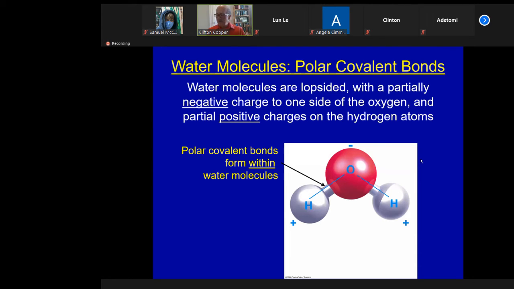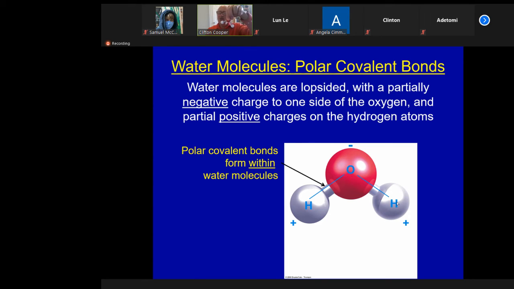So when you're looking at a water molecule, it has two polar covalent bonds within it, like in the diagram. We have oxygen sharing electrons with a hydrogen and with another hydrogen. And in each case, the electrons are being pulled in toward the oxygen because it has a stronger pull.